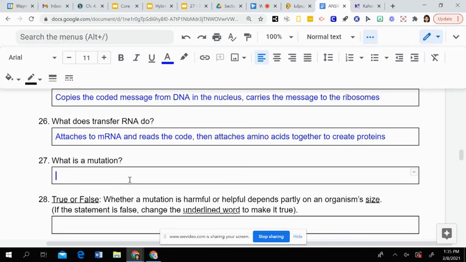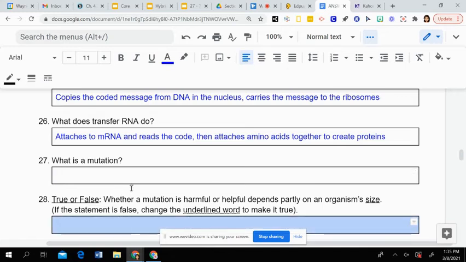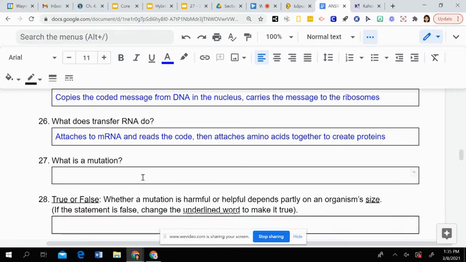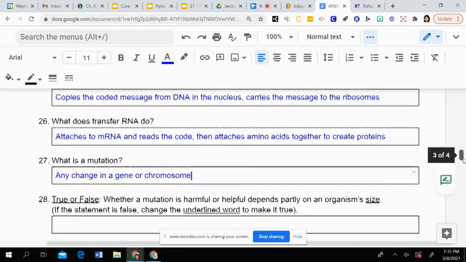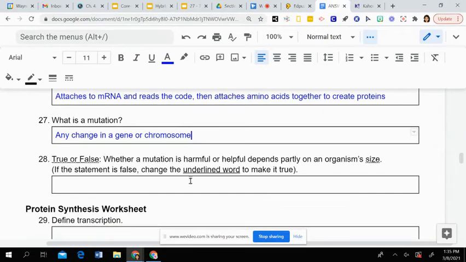Then what is a mutation? Go ahead, Ainsley. Any change in a gene or chromosome. Then true or false, whether a mutation is harmful or helpful depends partly on the organism's size.